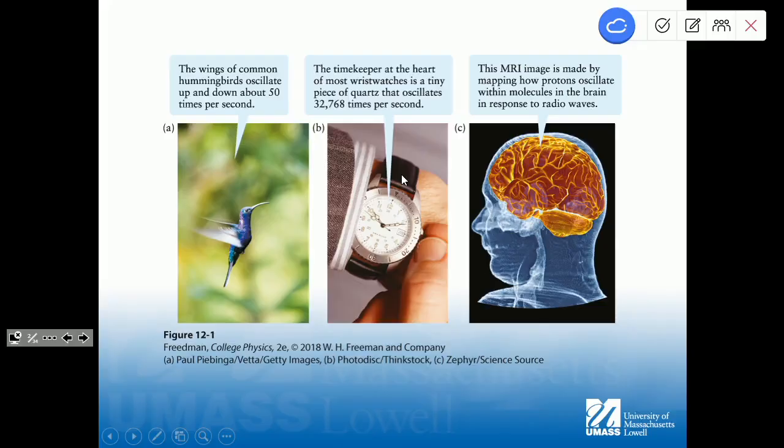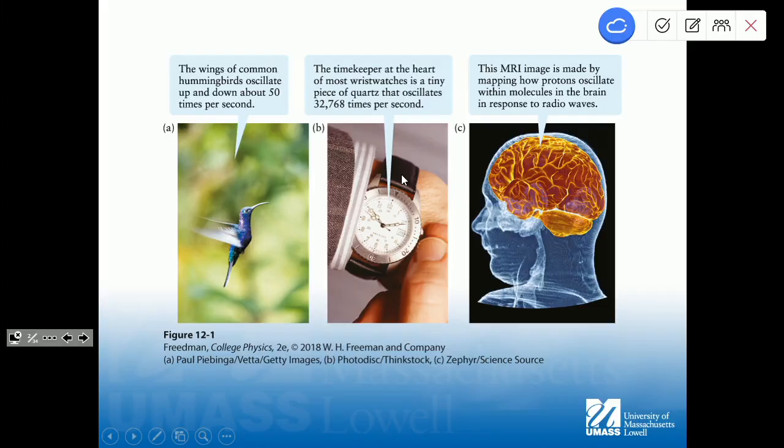Of course, there are many applications of oscillations. One of relevance to you guys is magnetic resonance imaging. So MRI. Basically, you stuff a person in a really big magnet and you get an image. The reason for that image is hydrogen, which is essentially just a proton, oscillates at certain frequencies depending on its local environment. Most of you are, well, all of you are mostly made up of water, which is essentially hydrogen, protons.